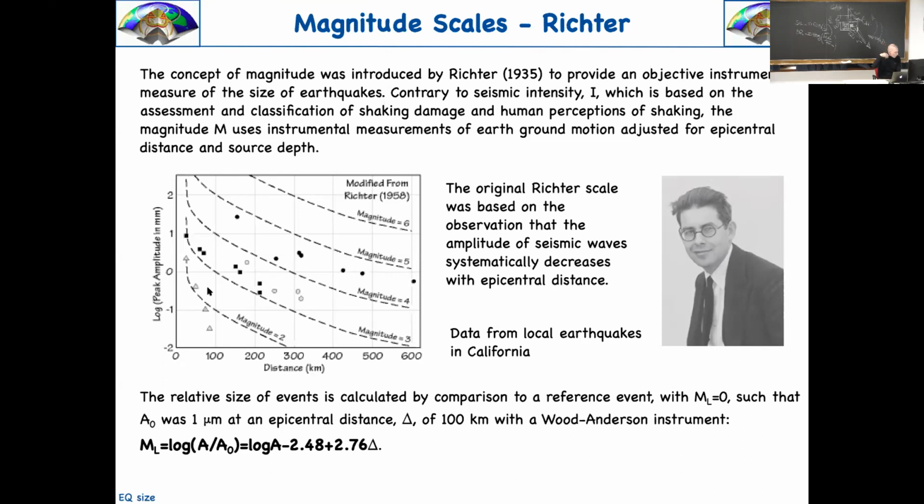And if you want, the words are: the amplitude that we would get from an earthquake at 100 kilometers from the receiver, from the seismometer, and that magnitude, if that earthquake is giving 1 micrometer on a Wood-Anderson instrument, let's call it the reference amplitude.